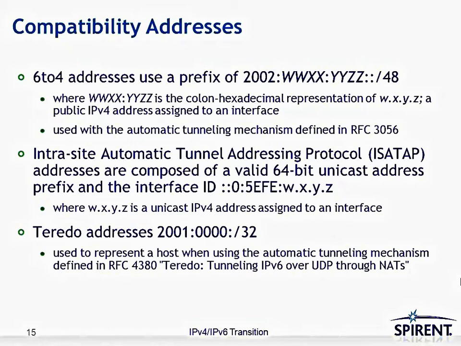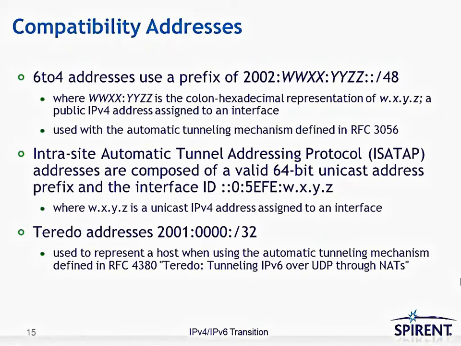But notice that the 6to4 address has a 2002 prefix, and then the IPv4 address is actually the next 32 bits. So 16 plus 32 is 48. So the most significant 48 bits for 6to4 is a 2002 prefix followed by the 32 bits of the IPv4 address, and then followed by the subnet and eventually the interface ID of the end host.